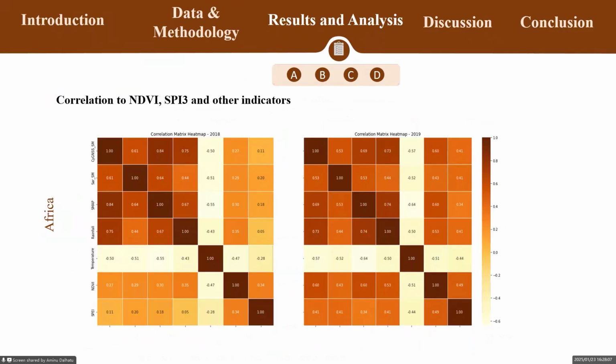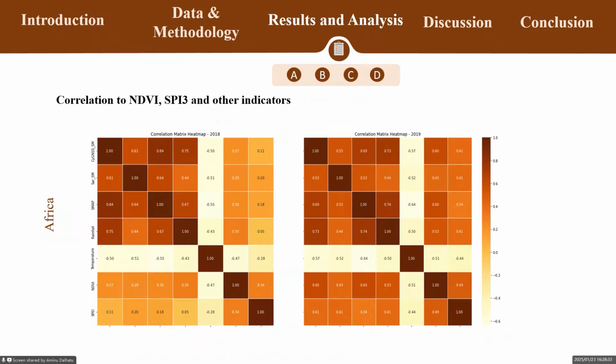If we take, for example, SiteGNSS and compare it to SMAP or other variables over here, we can see that SiteGNSS registered a correlation value of 0.75 in 2018 and 0.74 in 2019.